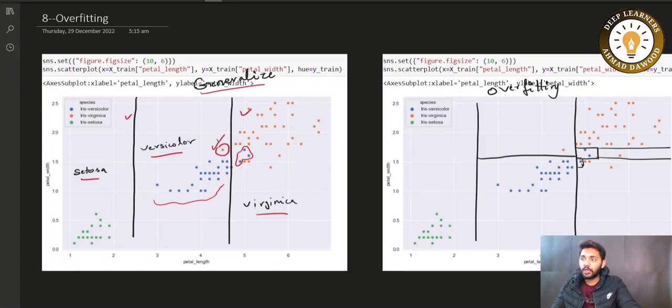So this is a generalized model, and there is a higher chance that these generalized boundaries can accurately predict the class of any future data point.